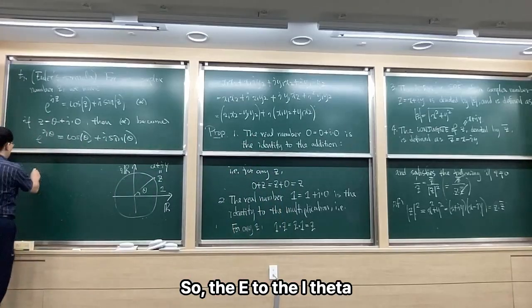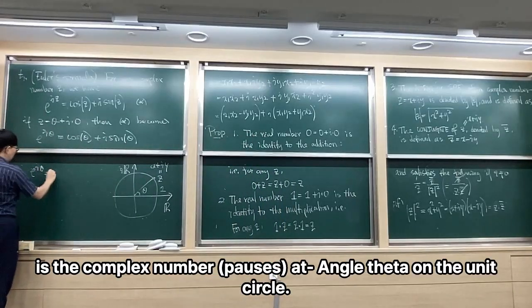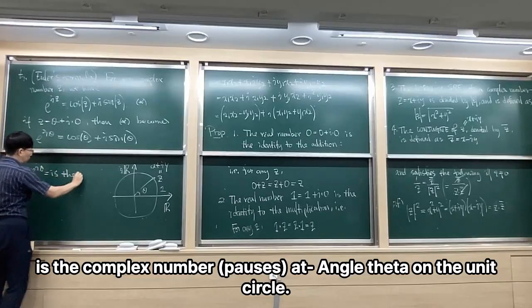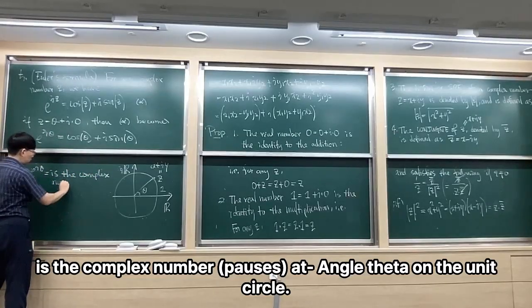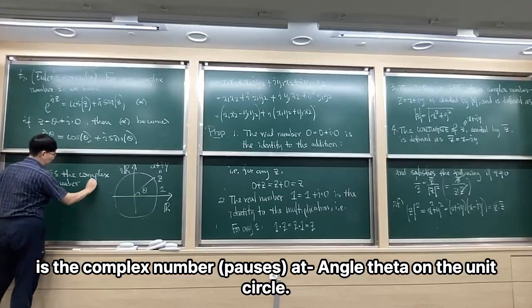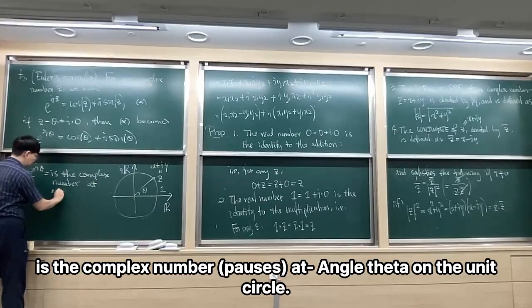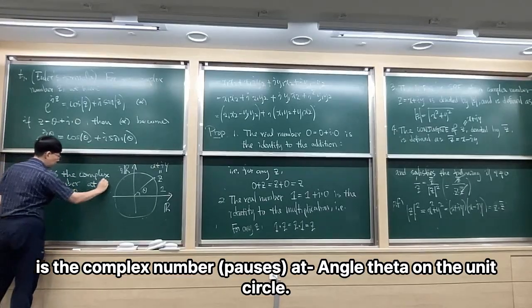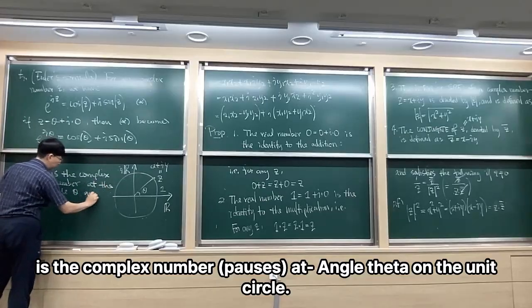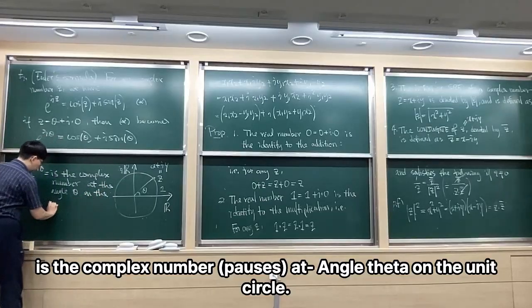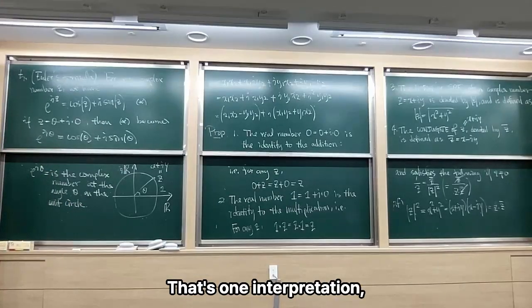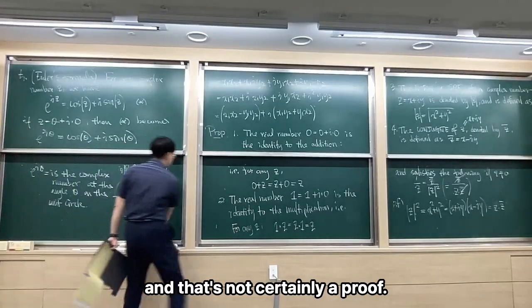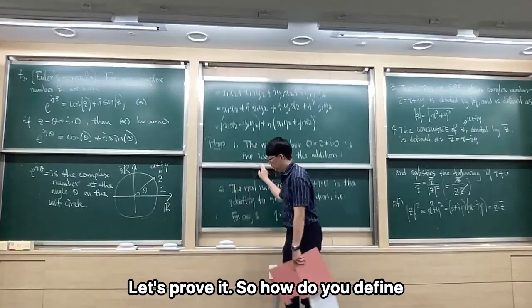So e to the i theta is the complex number at angle theta on the unit circle. So that's one interpretation, and that's certainly not a proof. Well, let's prove it.